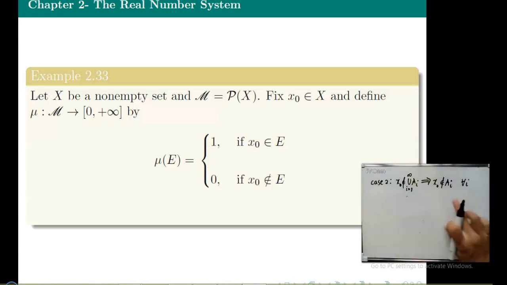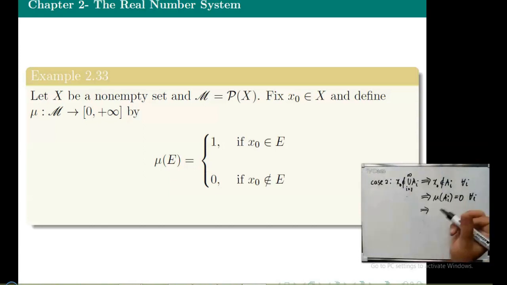So it is not in A sub i for all i. This means, by the definition of our function mu, if it is not in our set, then mu of A sub i is equal to 0 for all i.